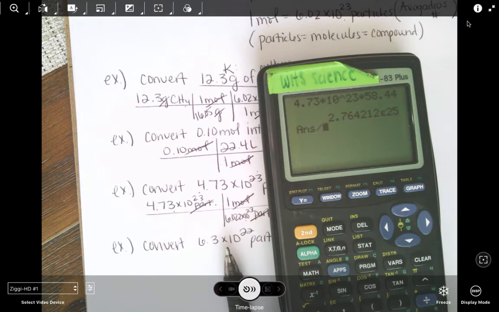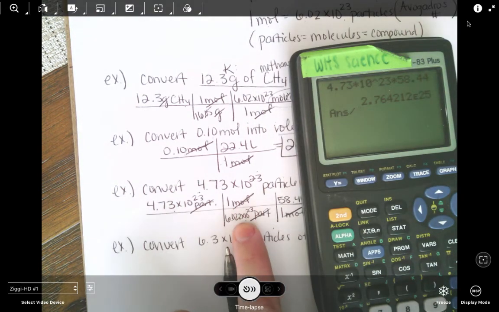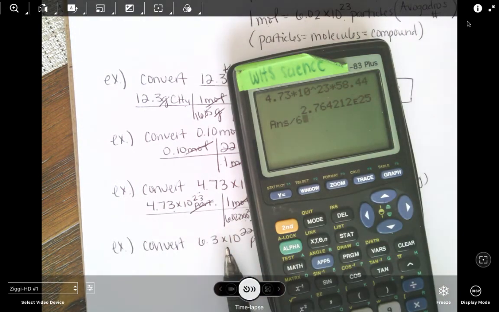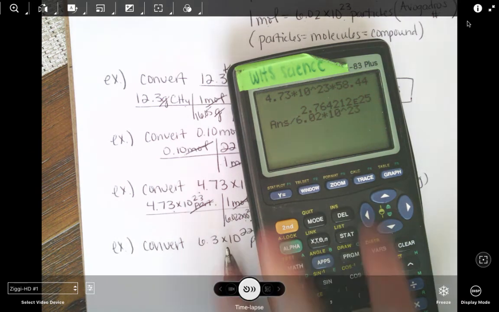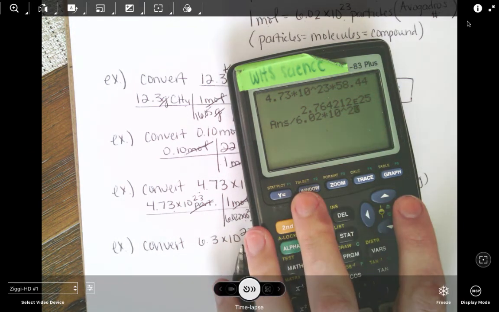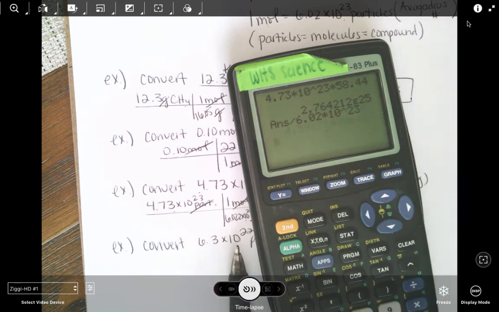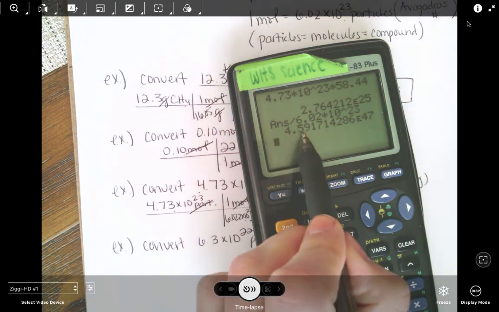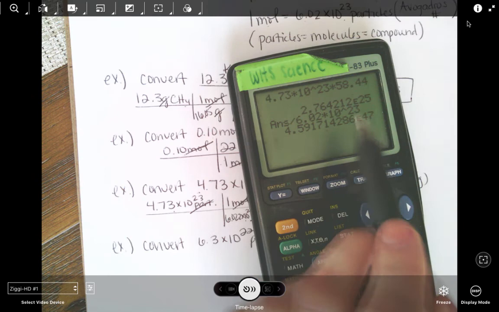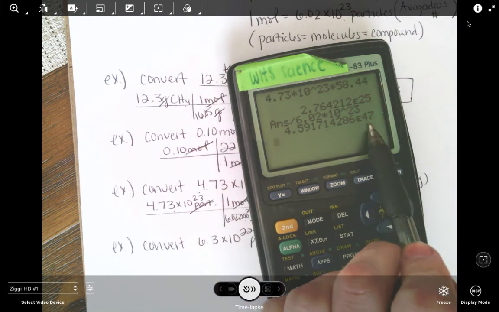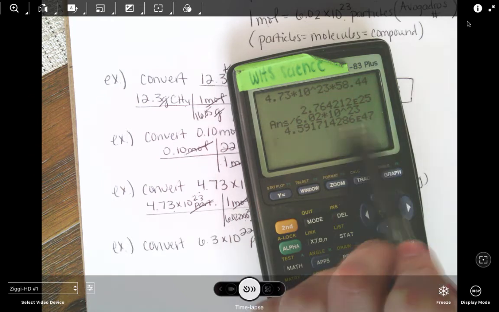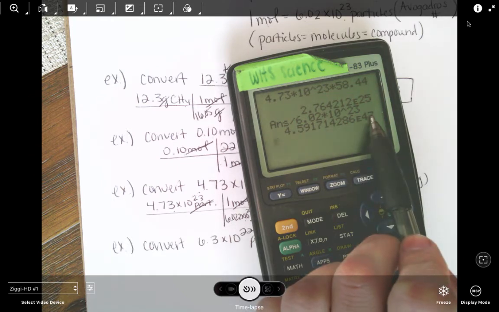So then I'm going to divide by Avogadro's number, which is 6.02 times 10 to the 23rd. Oops. Oh, that's right. Okay. My answer is 4.59 times 10 to the 47. That's wrong. Anytime you get a times 10 to the 40 anything, automatically rethink that.